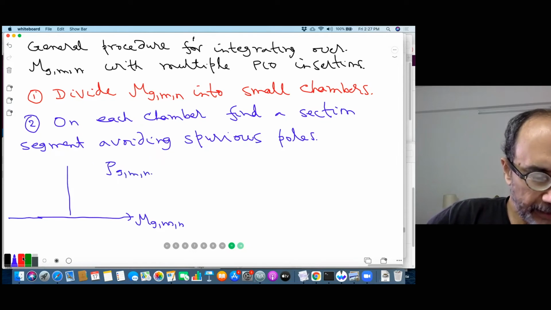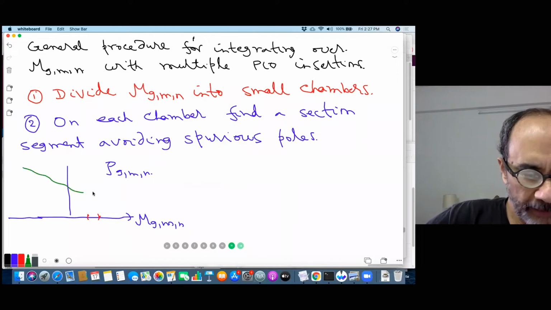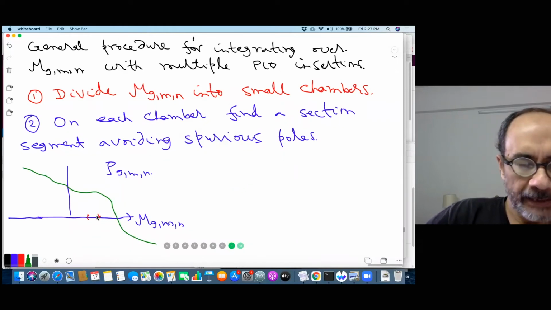And we take some small segment of MGMN. And imagine that there is a spurious pole locus which goes to PGMN. And all you are saying is that on this small segment, we erect a section segment which avoids the spurious pole.